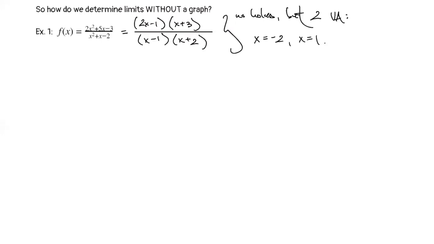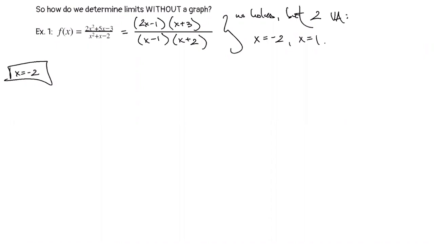So let's start with x equals -2. What we want to find is what is happening on the left of that and what is happening on the right of that. In other words, is it going up to positive infinity or is it going down to negative infinity?